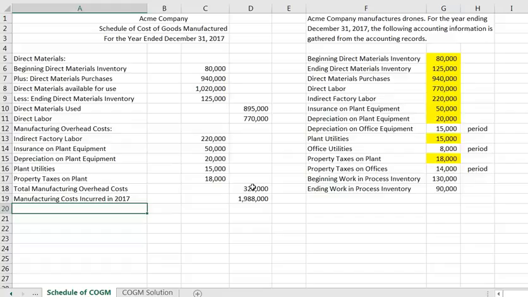To this total, I add the beginning work in process inventory to arrive at total manufacturing costs of $2,118,000.